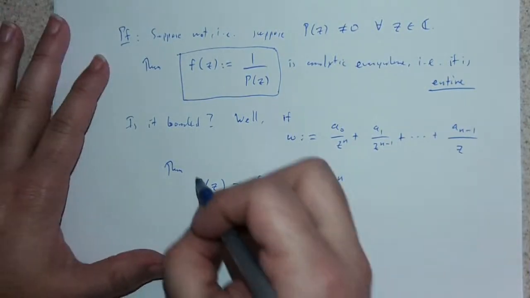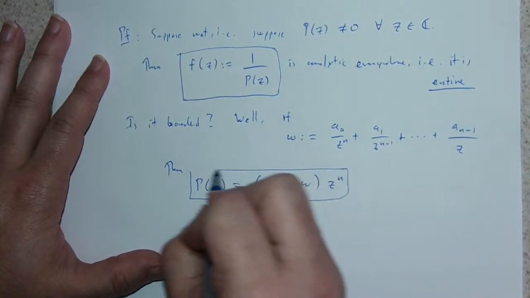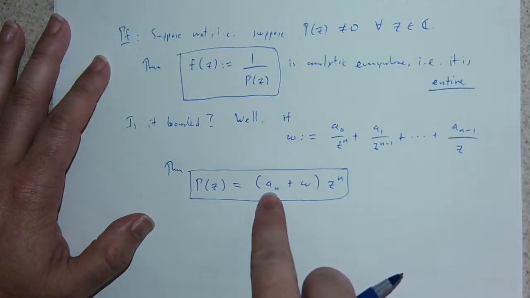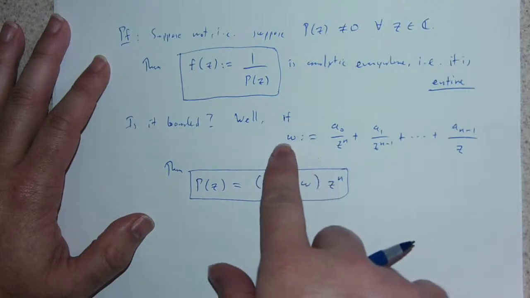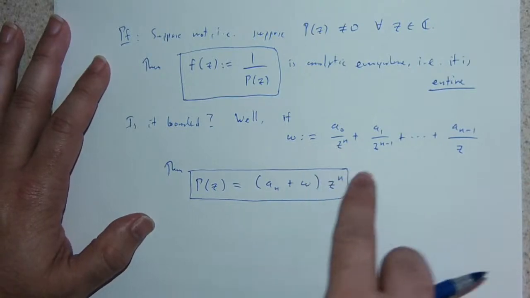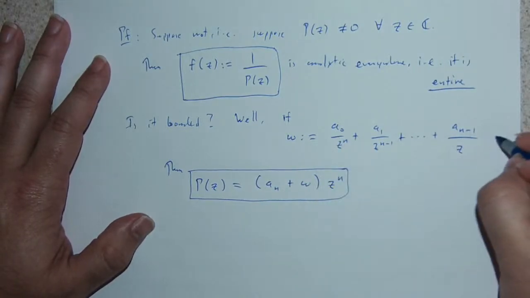Let's just check that this actually works. So here's some algebraic trickery. If I define w to be this thing, a sub n plus w would be this thing plus a sub n here.